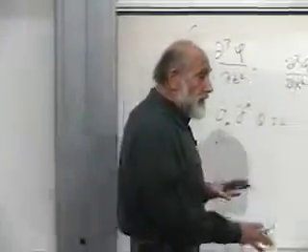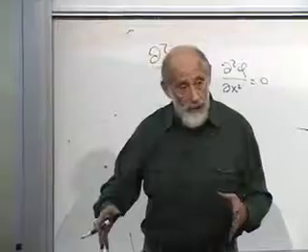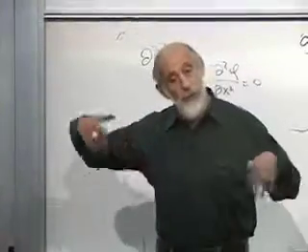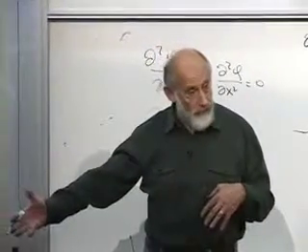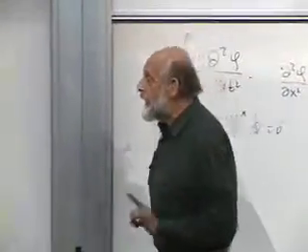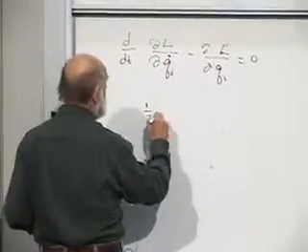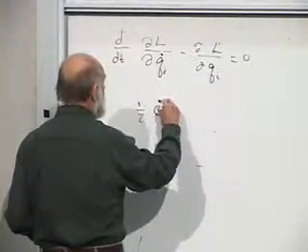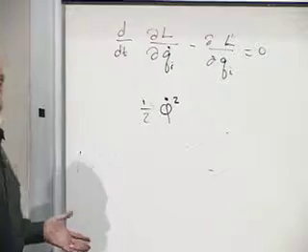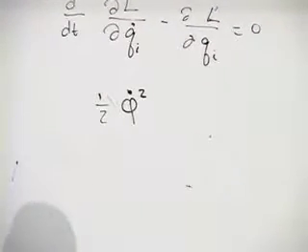If the Lagrangian has a term which is a time derivative squared, or a time derivative of one thing times a time derivative of another thing, in other words, it's quadratic in time derivatives, then those terms are called kinetic. Right? So, for example, in our example, the term 1/2 phi dot squared is called kinetic field energy. Kinetic energy of the field.